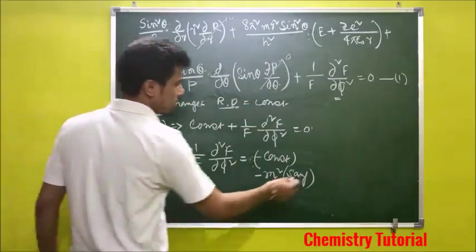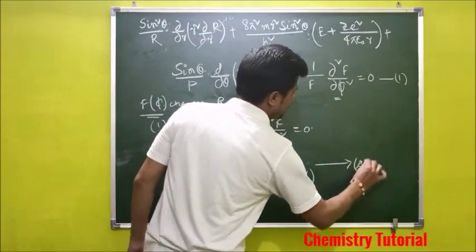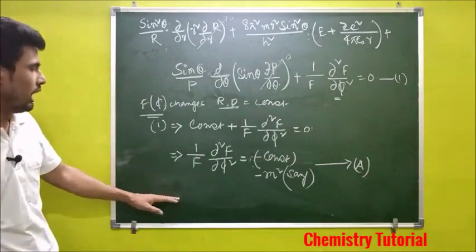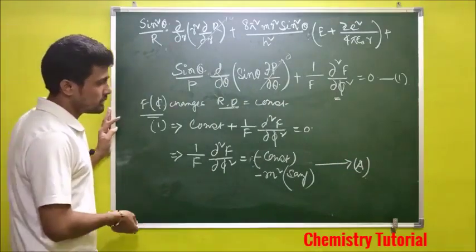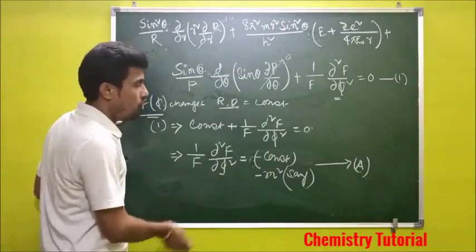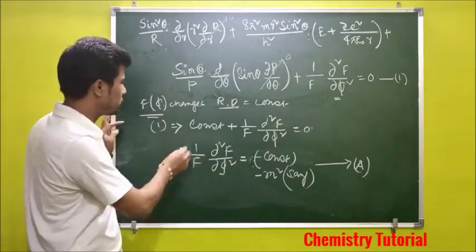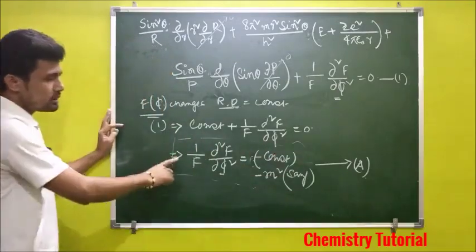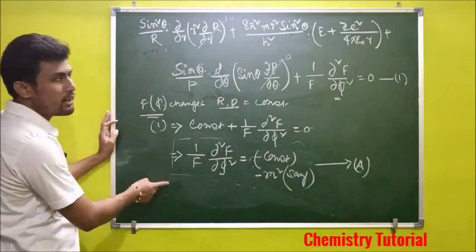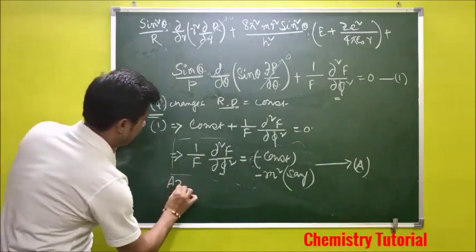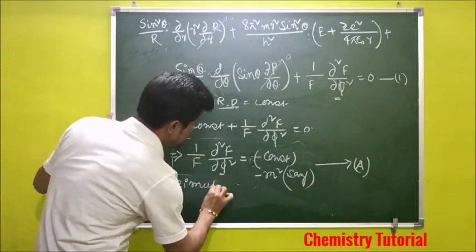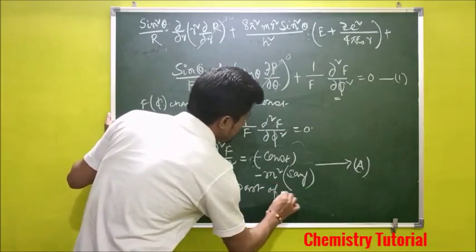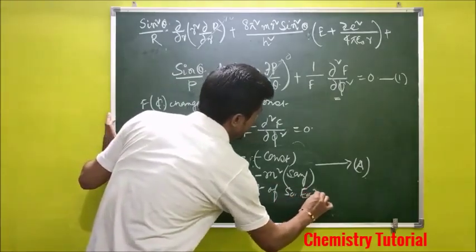So you number this equation a. Here you see this is a second order differential equation, and in this differential equation only one variable is there, that is phi. Okay, the other variables are eliminated. That is why it is called separation of variables. So this equation is known as the azimuthal part of the Schrodinger equation for the hydrogen atom.